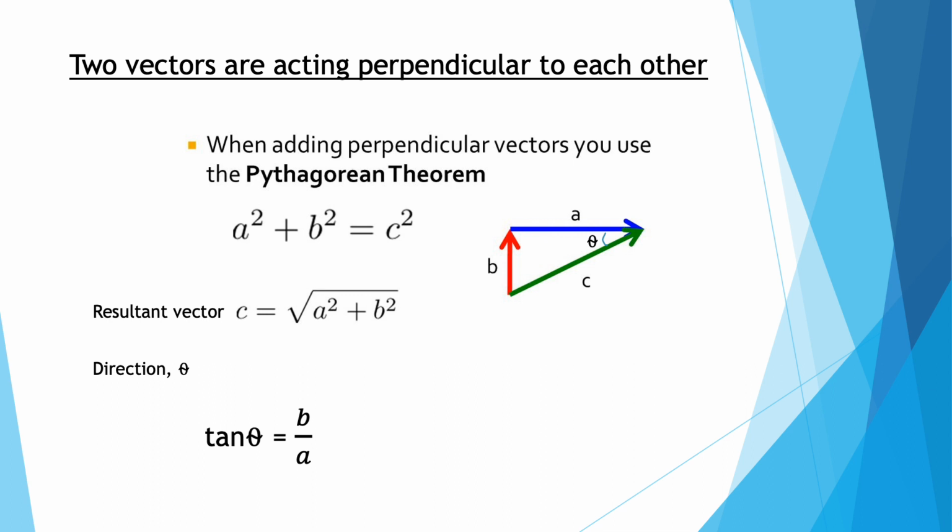Then we bring the head of vector A near to the tail of vector B, and we get the resultant vector C. The magnitude of the resultant vector is obtained using the Pythagoras theorem: A square plus B square is equal to C square, so C equals root of A square plus B square. We can find the direction by finding the tangent of the angle, that is opposite divided by adjacent side. We will get B over A here.